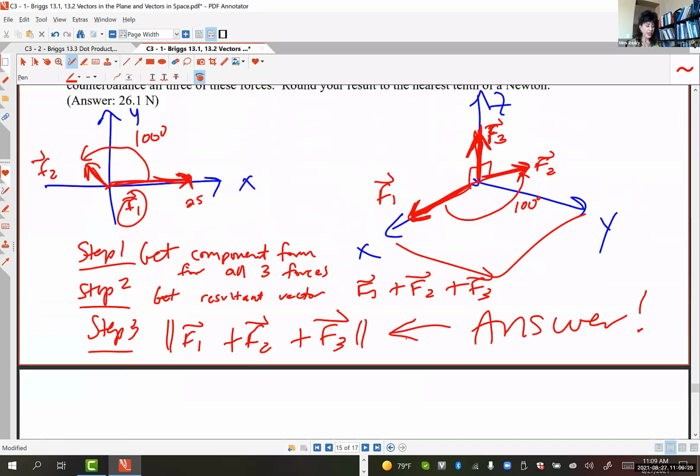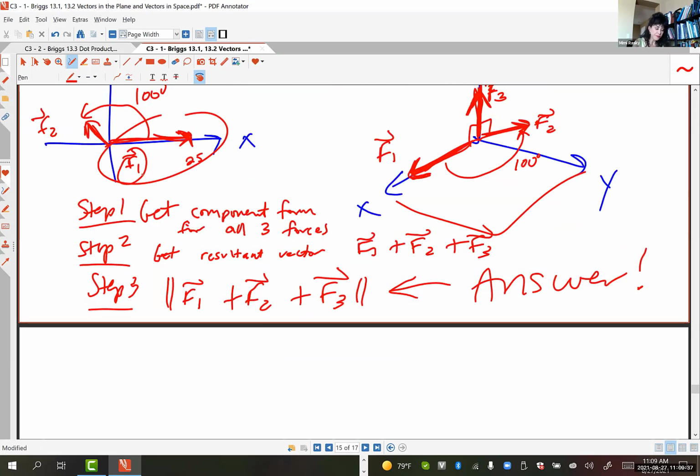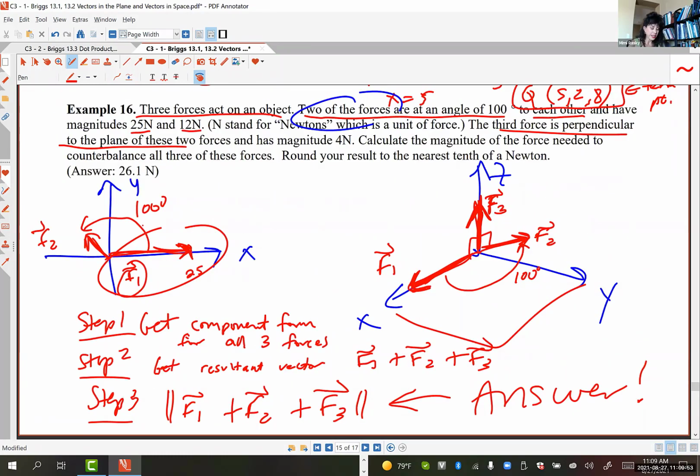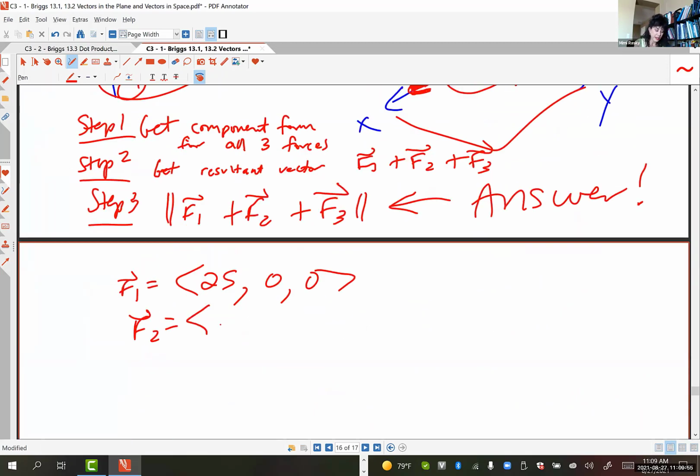So how do you get the component form for all three vectors? We are in 3D, so we are going to need three components. Now F1, since he's sitting on top of the x-axis, is going to have 25, 0, 0 as his components. Now F2, because he's swinging out 100 degrees, we can use the idea of magnitude times cos of the angle he's making with the positive x-axis, comma, 12 times sine of that angle.